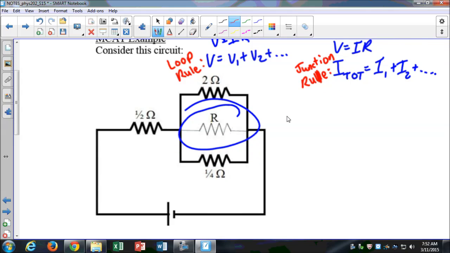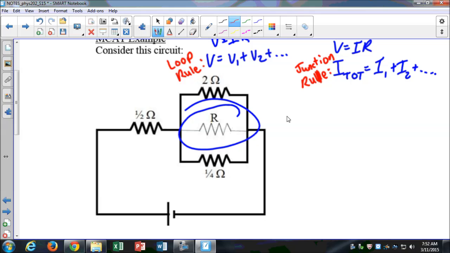So I want to know what happens to the total current in this circuit when I add a resistor. So I want to ask myself what happens to the equivalent resistance. What happens when I add resistors in parallel to a circuit? What happens, Hunter? It goes down. You can think about you're adding paths for the electricity to go, and that means that the overall resistance will go down.